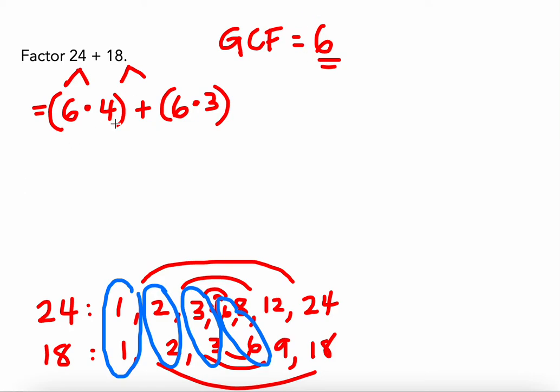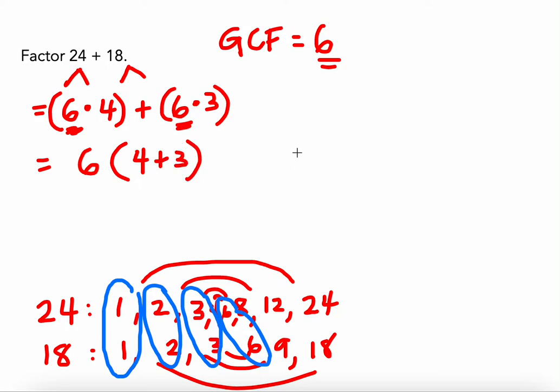So now, and notice I put them in parentheses because they go together, I notice that I have a 6 in both of them. So instead of writing it this way, I'm going to rewrite it. They both contain 6 as the greatest common factor. So I'm going to take that 6 out. I'm going to put it in the front because they both share that. And then inside, I'm going to rewrite 4 plus 3.